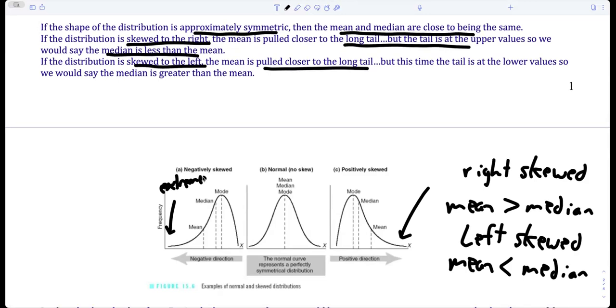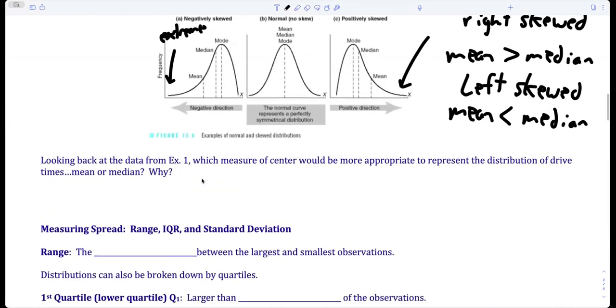Okay, well, we are going to look at some measures of spread. Looking back at the data from example 1, well, let's answer this question. Which measure of center would be more appropriate to represent the distribution of drive times, the mean or the median? So on this one, I said probably the median.